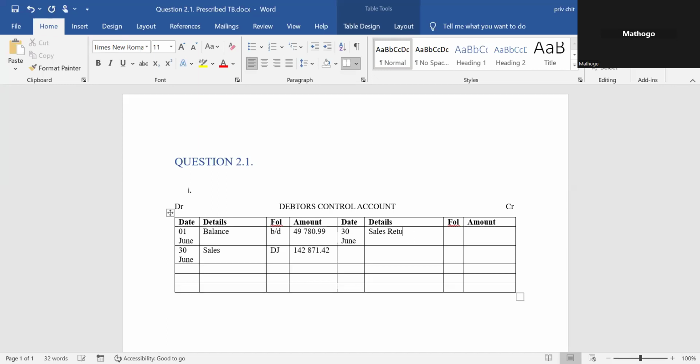Where is it coming from? The debtors allowance journal. How much is the amount? The amount is 22,456 point 20. Just record it like that. And that's it from that journal. Then we go on to the next one.